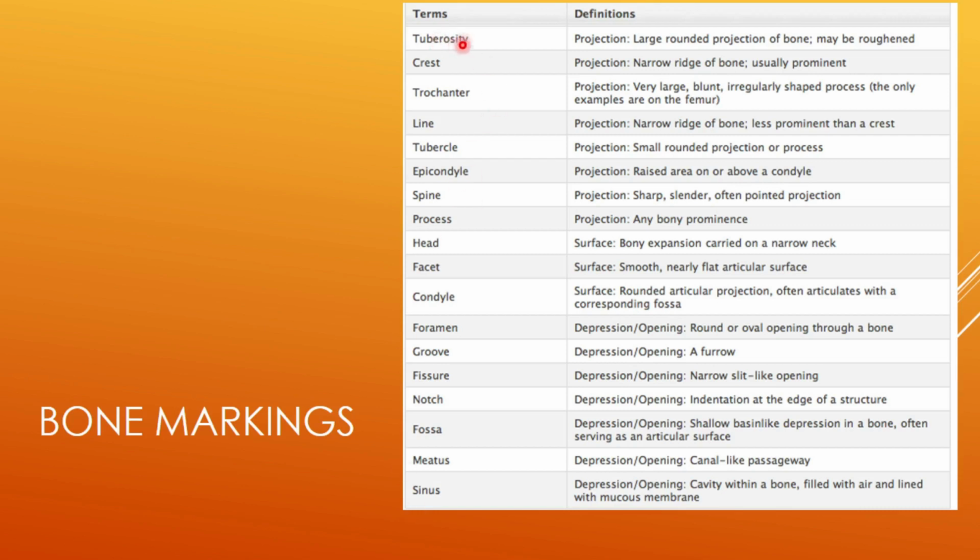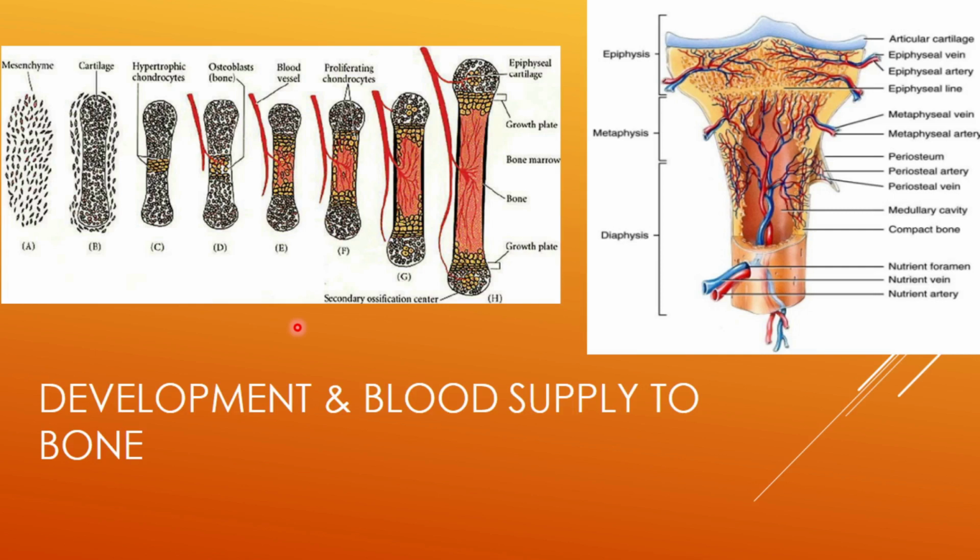They're called tuberosities or trochanters or tubercles or spines, or there are lots and lots of different words that essentially mean the same thing, but it all depends on the size of this particular projection, if you will, and its position within the body.